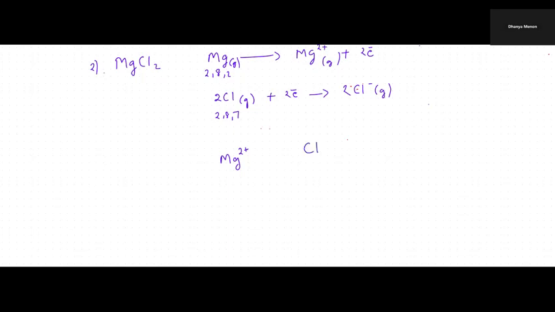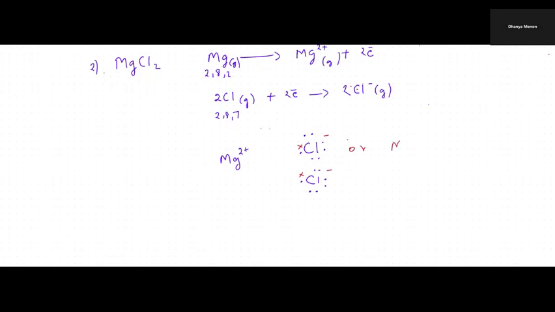Chlorine has 7, 1, 2, 3, 4, 5, 6, 7, and the one electron that it obtained from magnesium, I'm showing with a cross, and each chloride ion has a negative charge because it has received one electron. So either you can show this way, or you can show the actual process, what's happening.